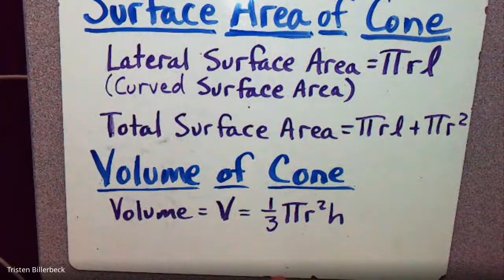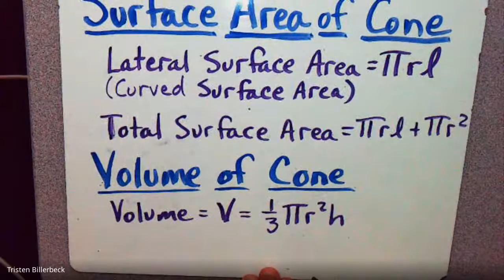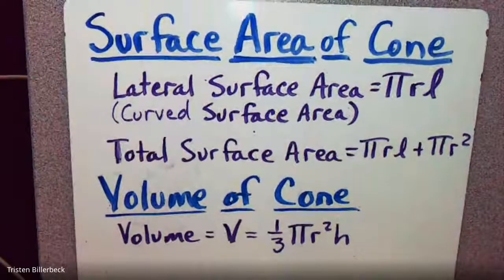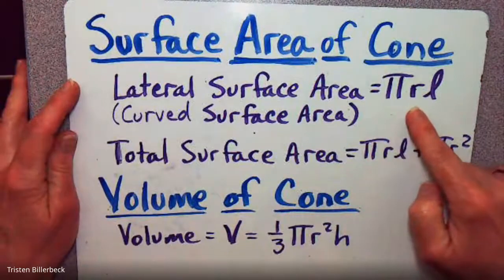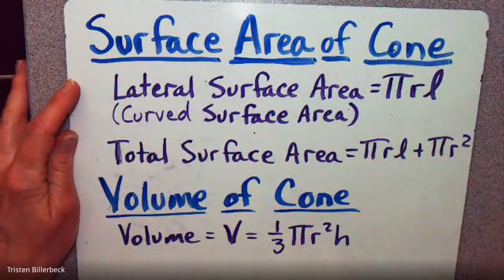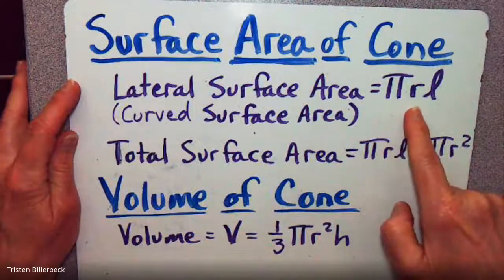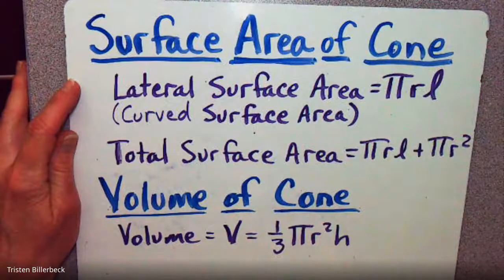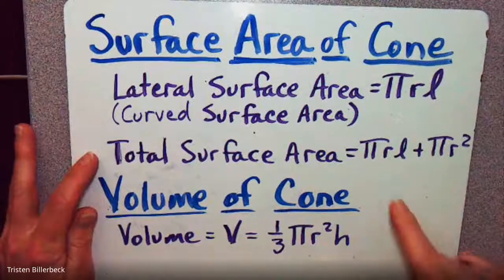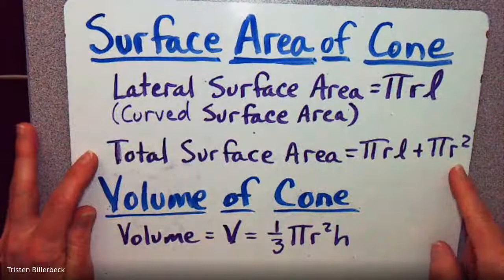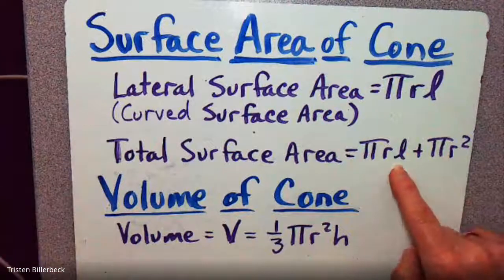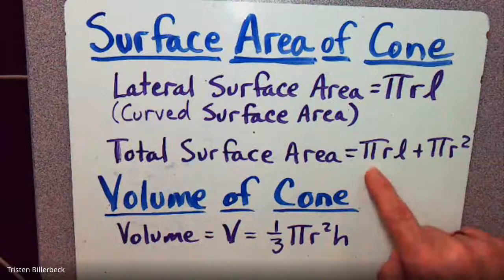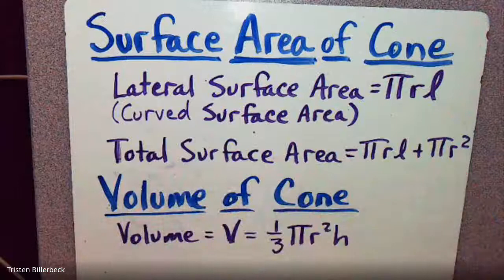And so here are some of the formulas for the surface area and also the volume formula. For lateral surface area, we just have pi r L. Total surface area then is pi r squared plus pi r L, where pi r L is our lateral area and pi r squared is the base, so we add them together to get the total surface area.